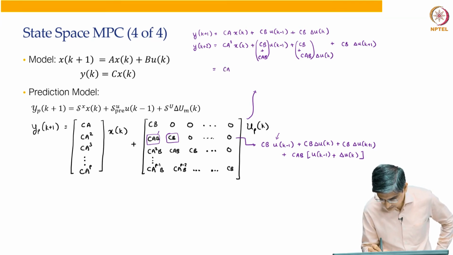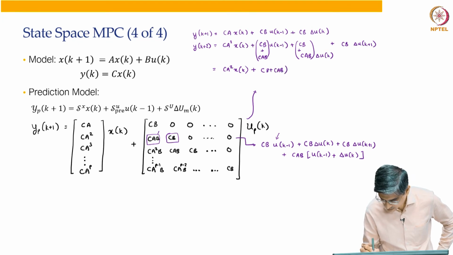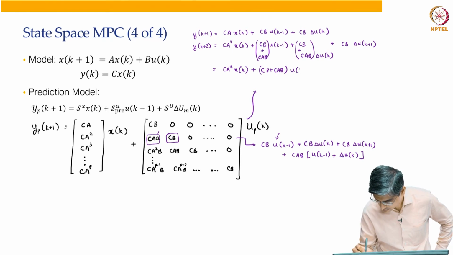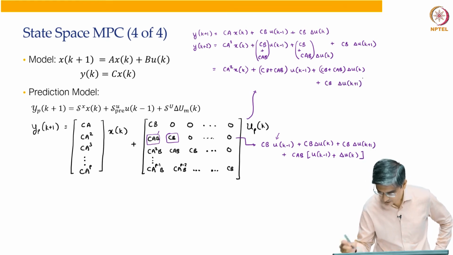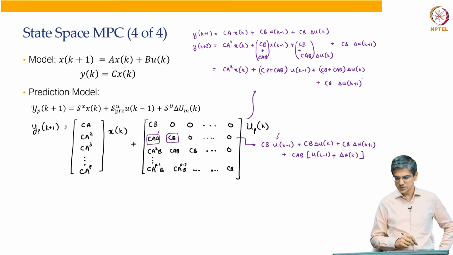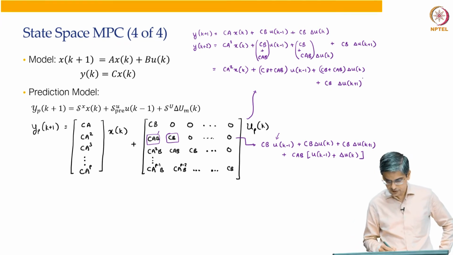We are going to have Ca squared x plus Cb plus Cab uk minus 1 plus Cb plus Cab delta uk plus Cb multiplied by delta uk plus 1. Okay. So, this is essentially what you are going to get.